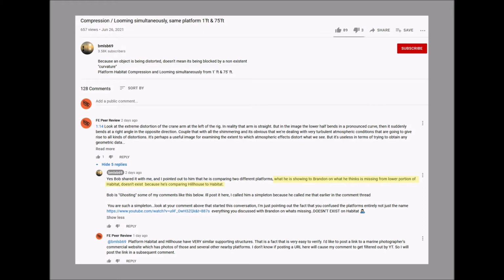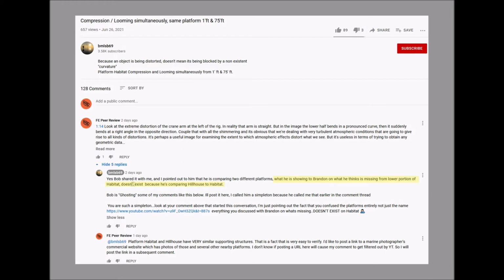BMLSB says that Bob, in comparing two different platforms, Habitat and Hill House, is showing Brandon what he thinks is missing from the lower portion of Habitat, which doesn't exist because he's comparing Hill House to Habitat. BMLSB is mistaken here. He's comparing the substructure below the boat landing deck, and he's saying, if I understand him correctly, that Habitat simply doesn't have such a substructure visible above the water line, which is why we don't see it.